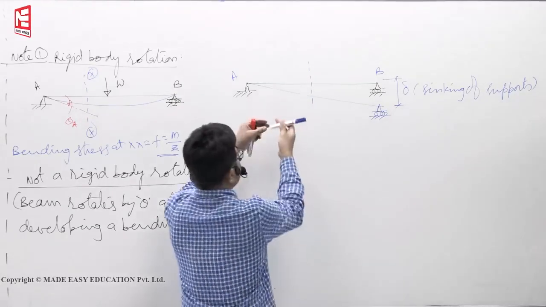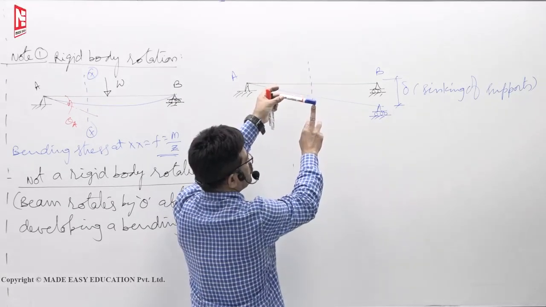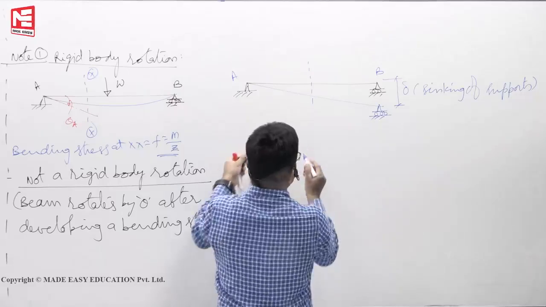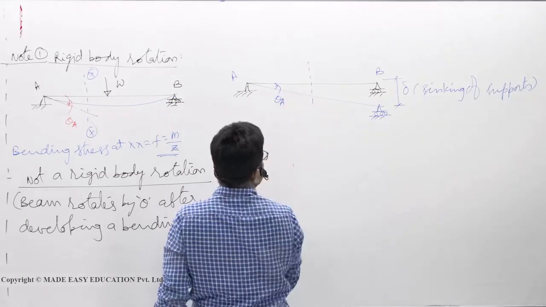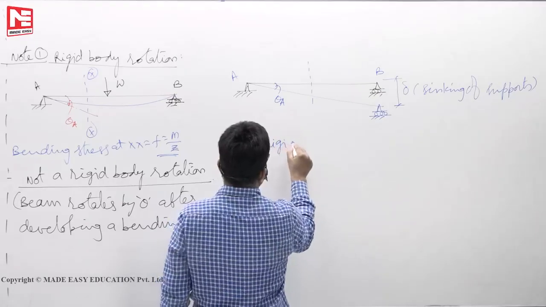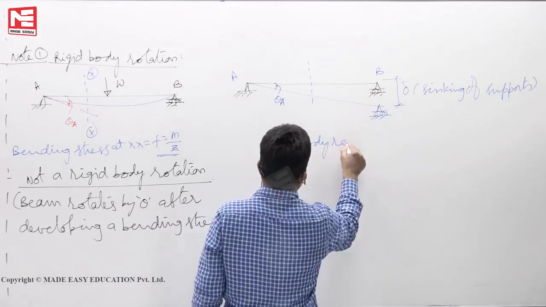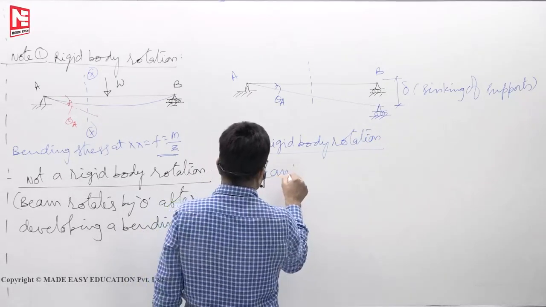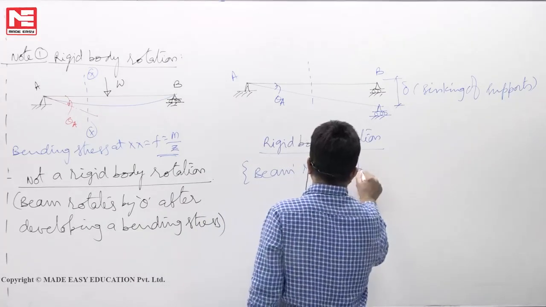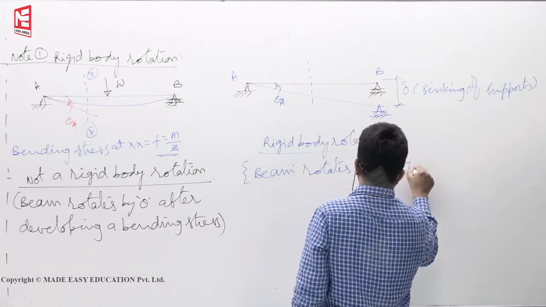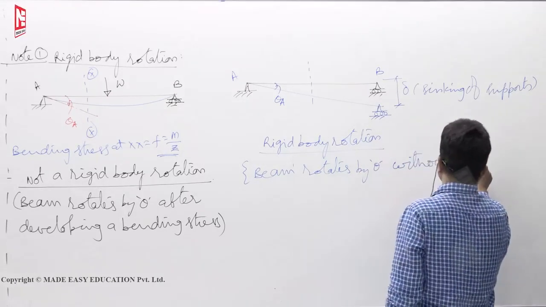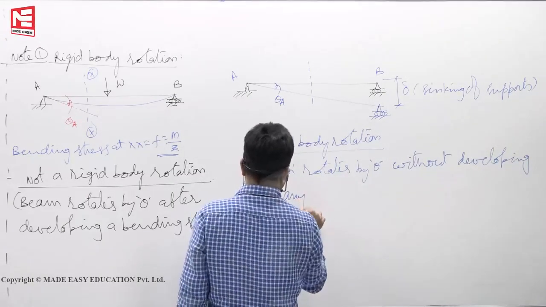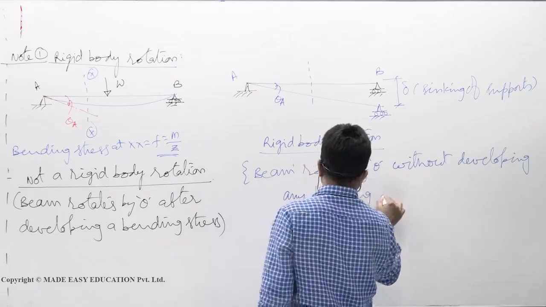It is a straight line. If one of the supports sinks down, there is no bending stress here; the beam simply rotates. That rotation, theta A, we call rigid body rotation. The beam rotates by theta without developing any bending stress.